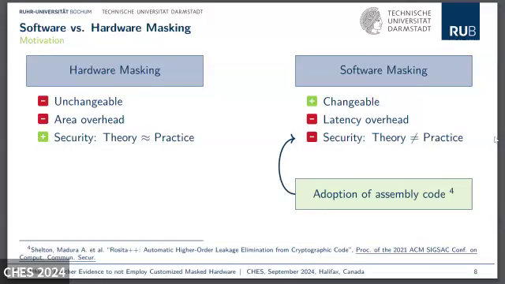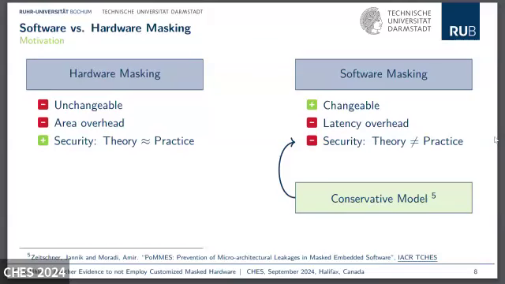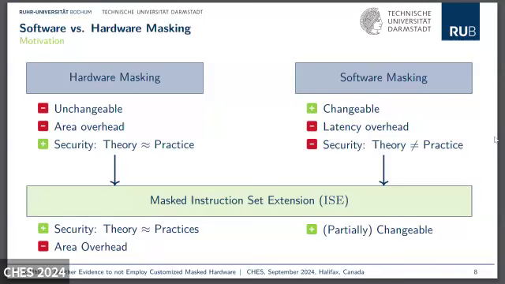A more theoretical approach is to choose a conservative model, which captures even the worst behavior of the microarchitecture. This is really conservative, so it leads to huge overhead in our code. It slows it down. But there is a third approach which can combine the advantages of both sides, which is implementing a mask instruction set extension.